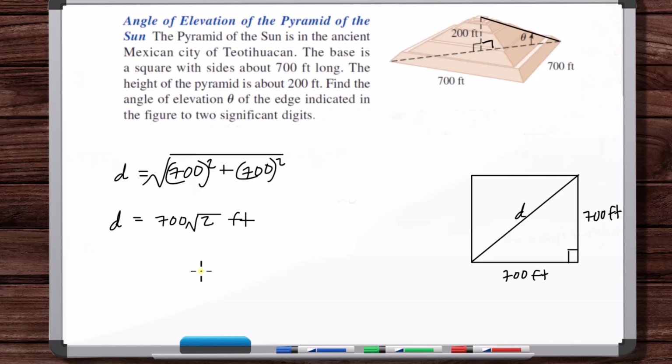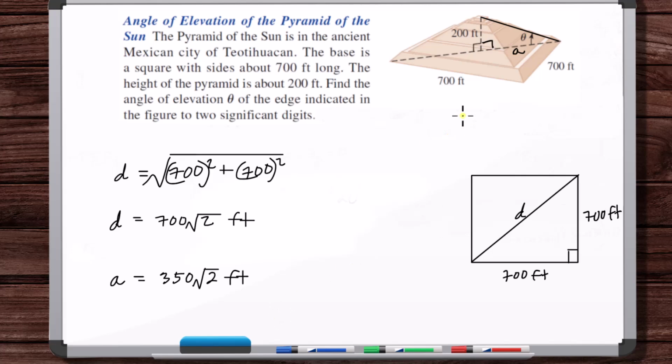Now we'll call this length A. A is d divided by 2. What is 700 divided by 2? That's 350. So A is 350 root 2 feet.